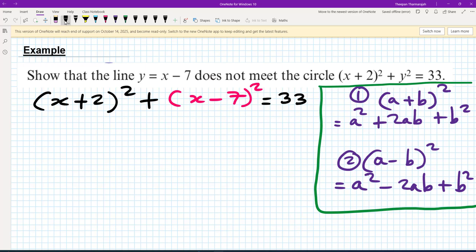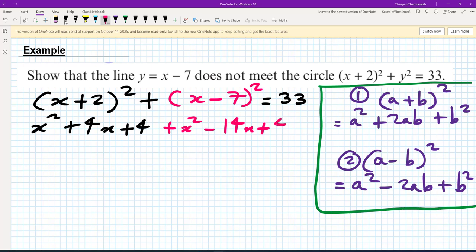So let's use that here. So we're going to get x squared plus 4x plus 4. So here we're going to get plus x squared minus 14x plus 49. And that's equal to 33.